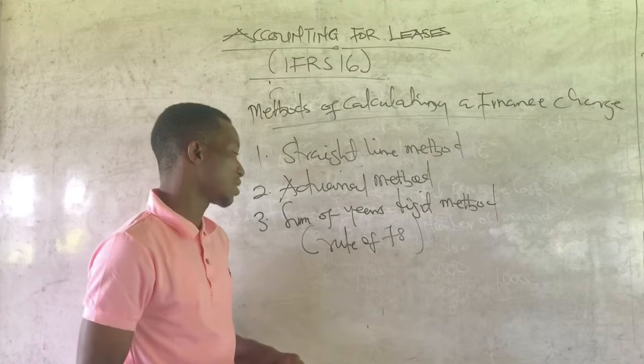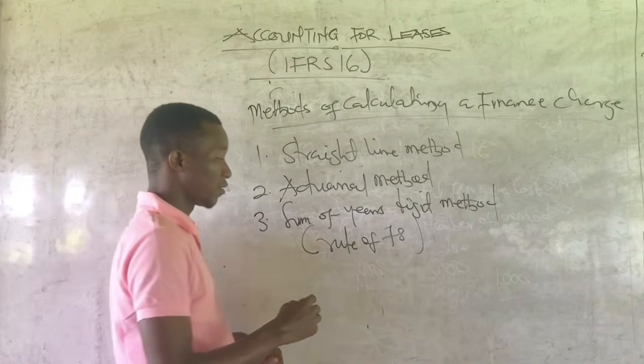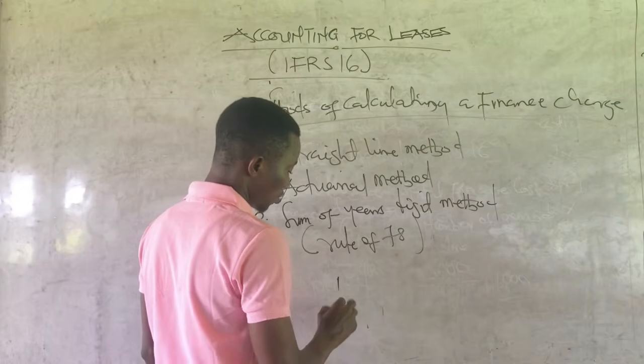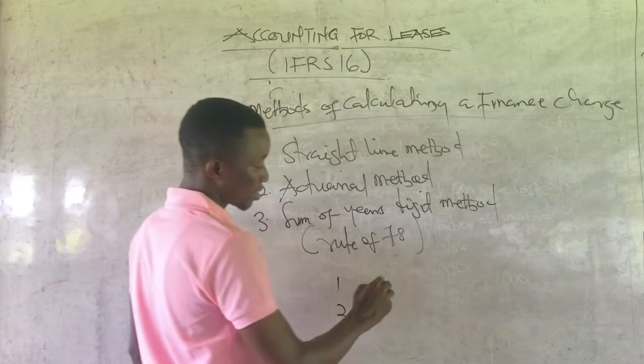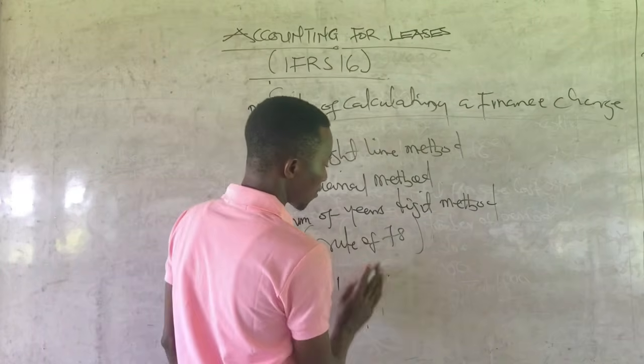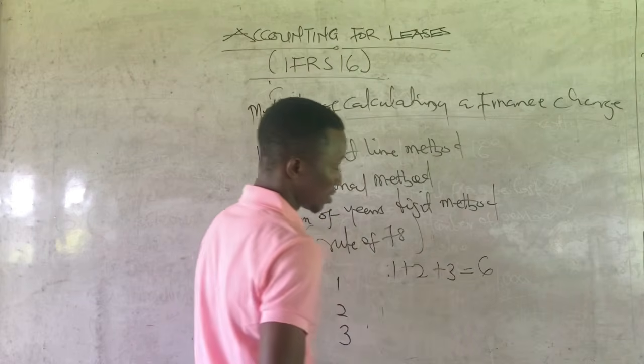So let's assume that the lease term, or the number of periods, is 3 years: first year, second year, third year. The sum of digits will be 1 plus 2 plus 3, which gives us 6.